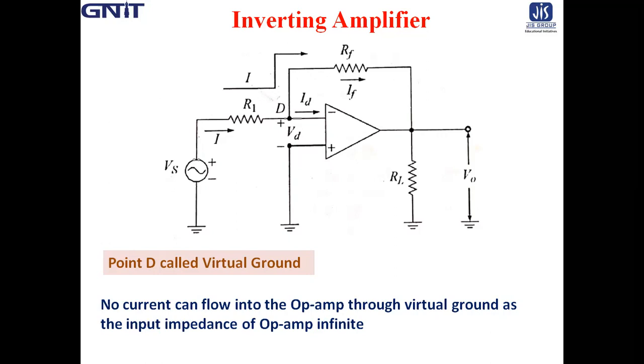And obviously the non-inverting input terminal is connected to ground. Now, the input and output voltages are Vs and V0. Let Vd be the voltage at the inverting input terminal.